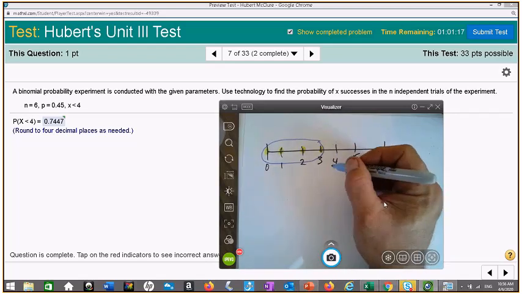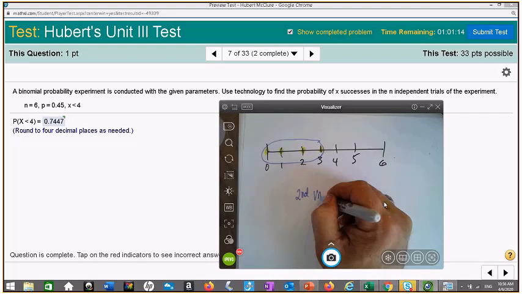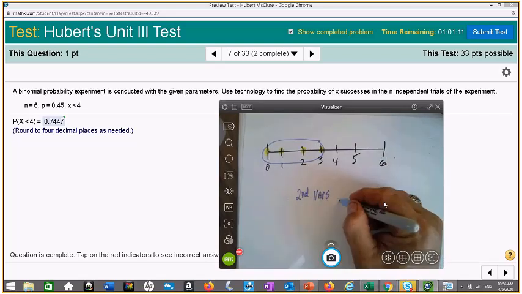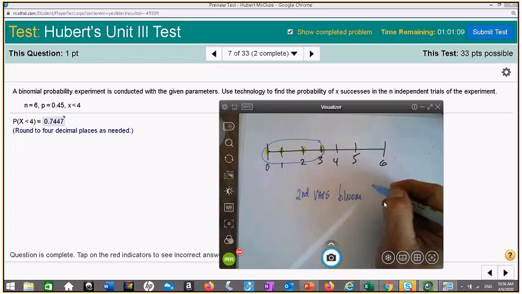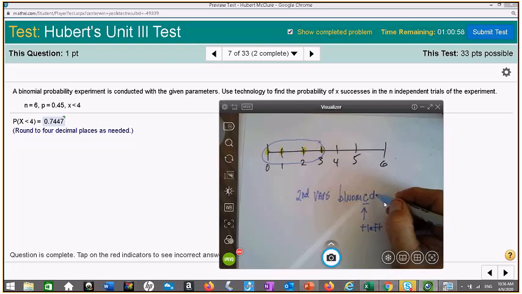So this would be second, vars, binomial CDF because it's cumulative, adding all to the left. CDF of 3.